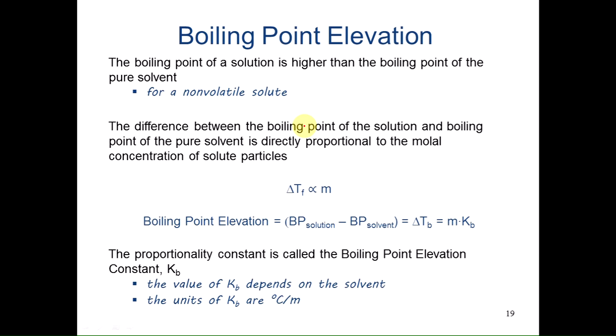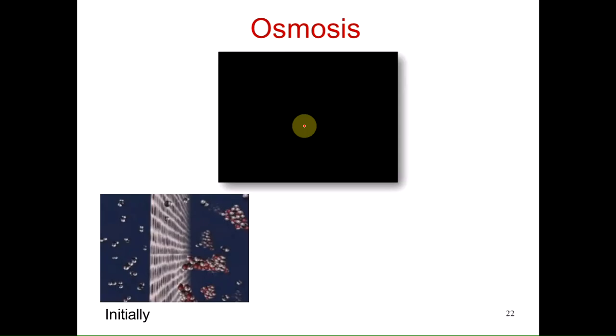Colligative property means it doesn't matter what kind of solute you added to it. It just matters how much you added to it. That's why we're using the molality. It doesn't care what type of solute you add, as long as it's a non-volatile solute and you know the molality of it, so you know how much you added, you can figure out the change in the boiling point when you add that solute to the solvent.